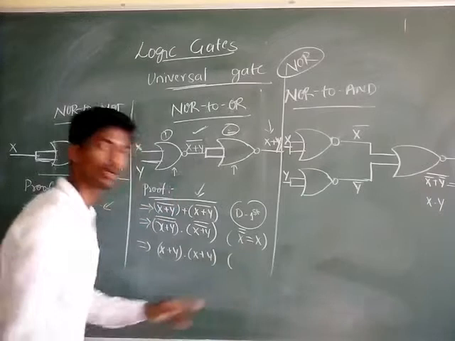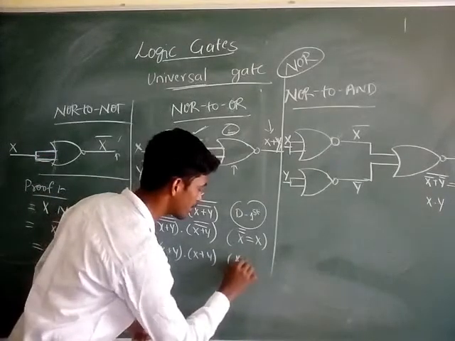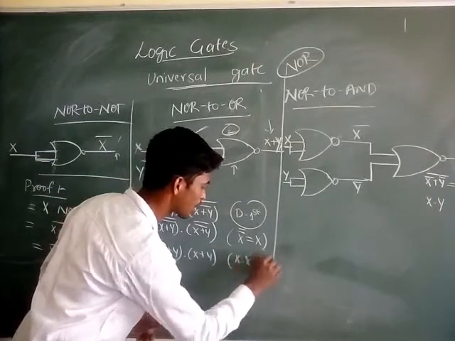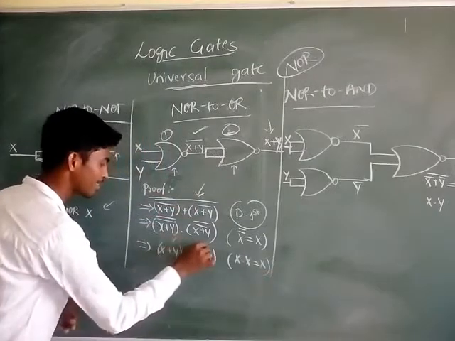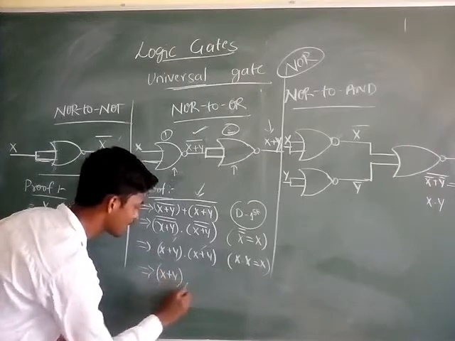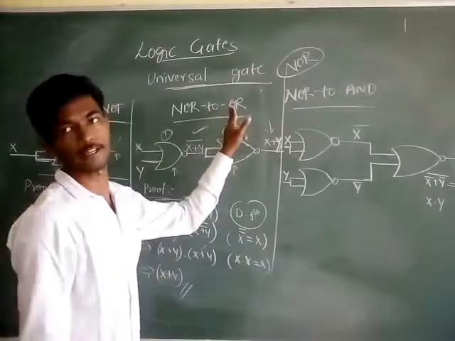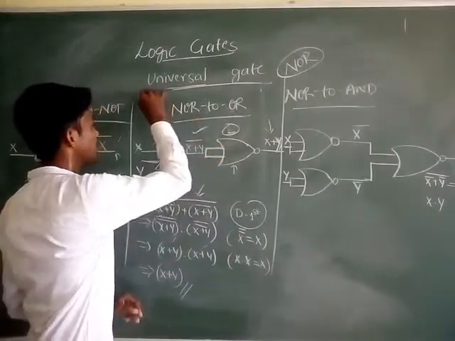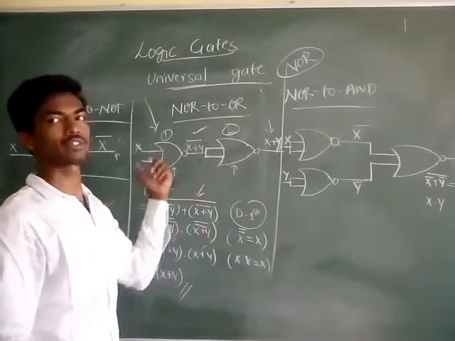And here one more Boolean postulate, x into x is equal to x, so you will get x plus y as a result, which is the result of an OR gate. This is how we are designing the OR gate using the NOR gate.